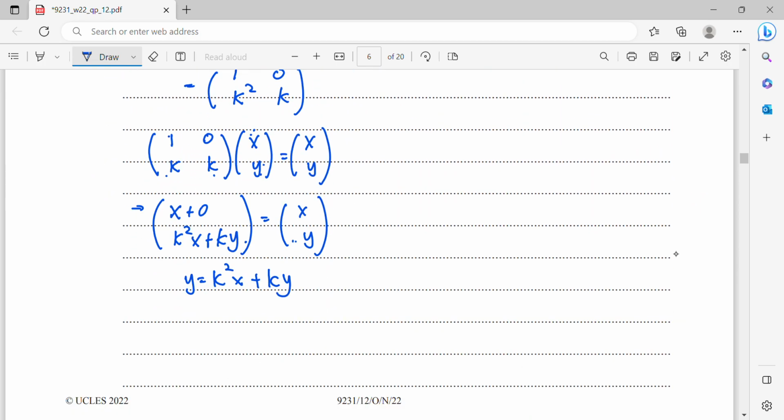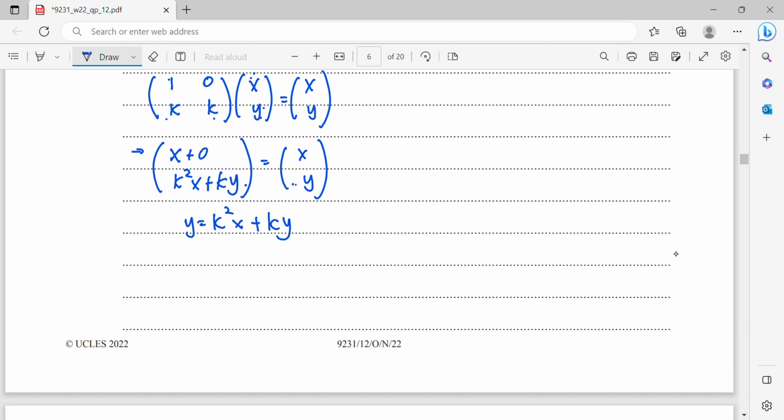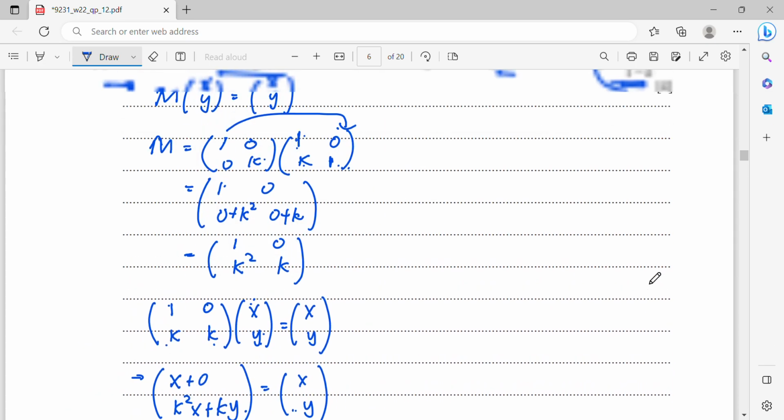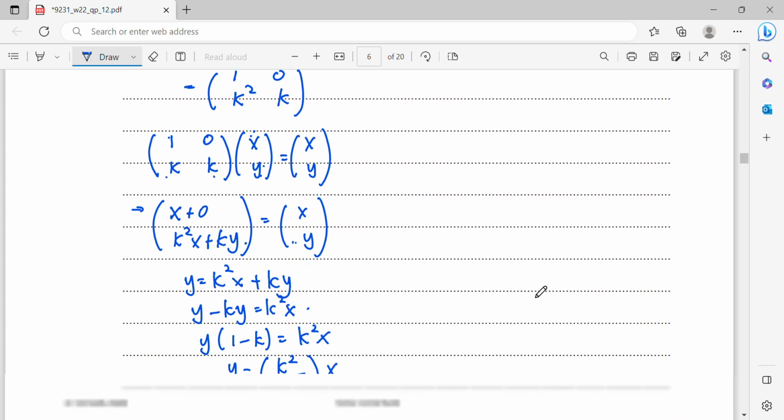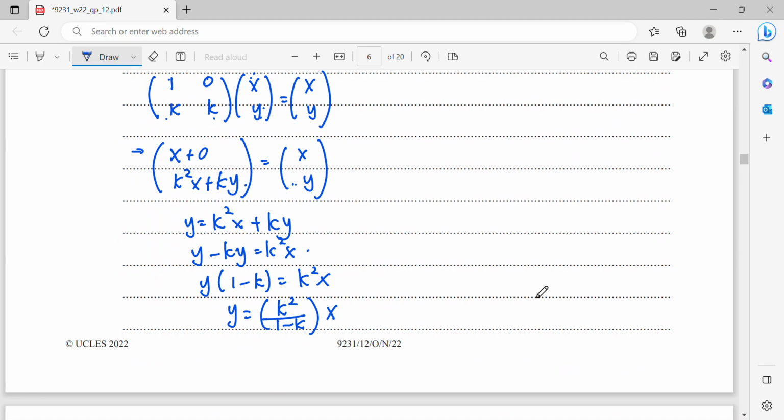So move the ky to the left side and then factorize the y. Therefore, y will be k squared over 1 minus k, times x. So we have proven that.